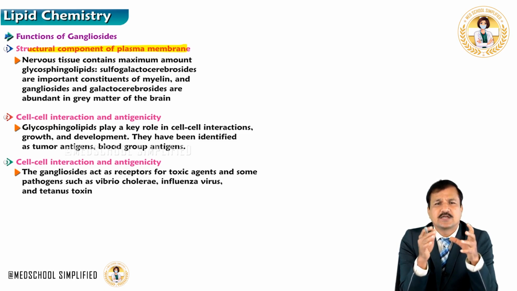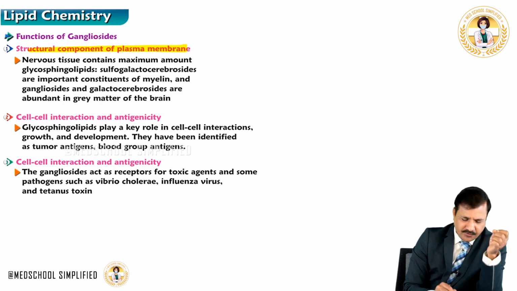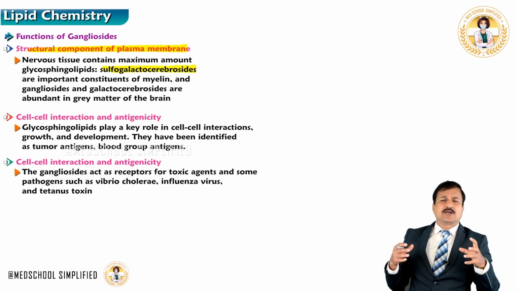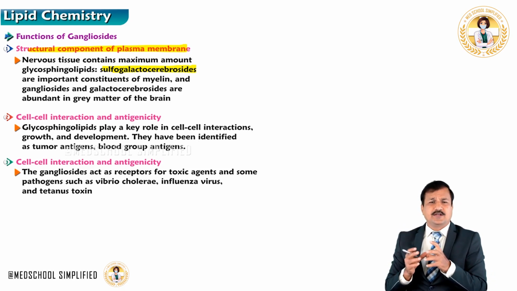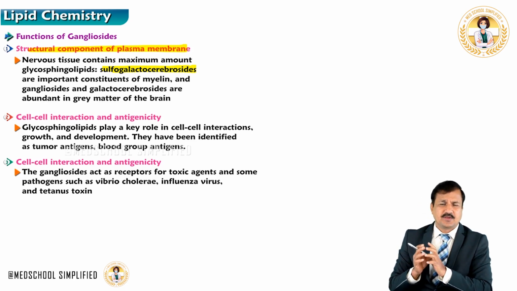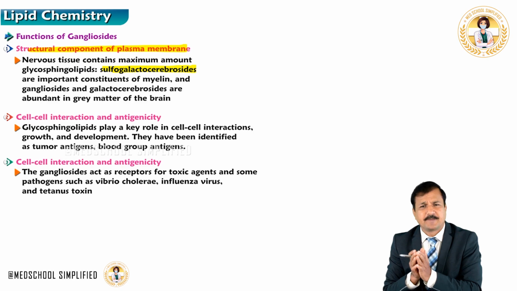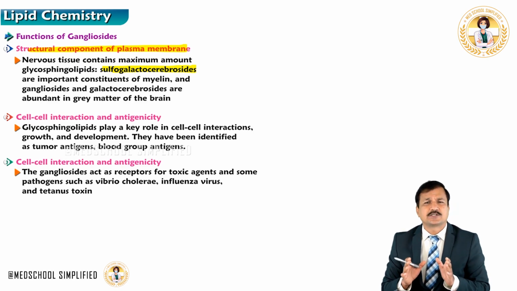That's where we get these glycosphingolipids, basically the sphingolipids which are added with carbohydrate, richly available in nervous tissue. The second point is sulfogalactocerebroside. The galactosyl ceramide or galactocerebroside, which is sulfated, is an important constituent of the myelin sheath. Remember that. And the third thing is gangliosides and galactocerebrosides are abundant in the gray matter of the brain. So these are 3 points that you must remember here.